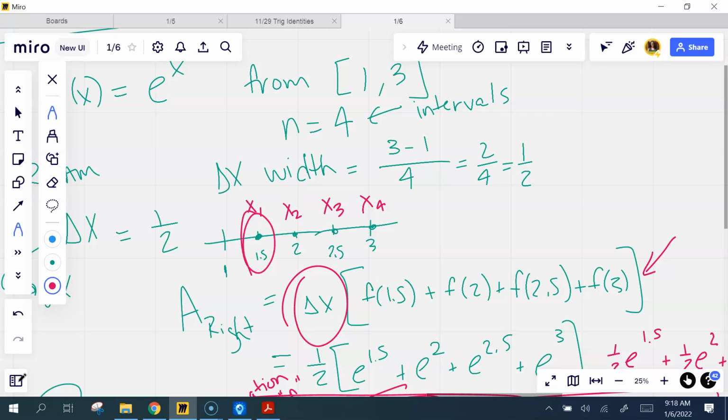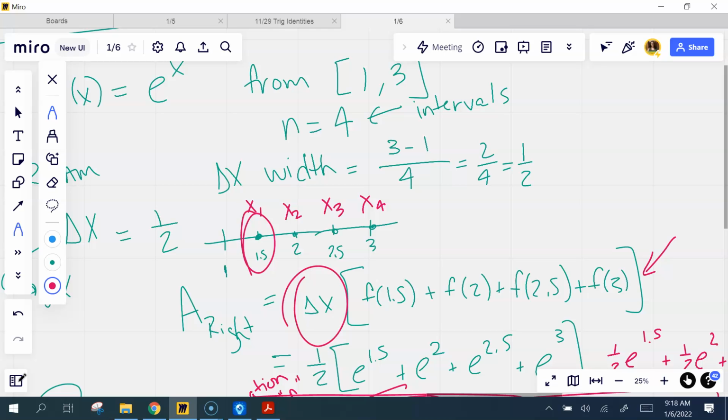And then if you had to split it into more, it could be by 0.25 for each, if it's only the interval from 1 to 2. Yes, it definitely could.